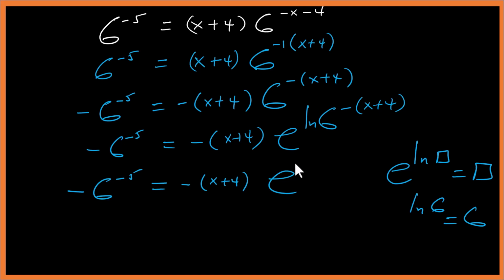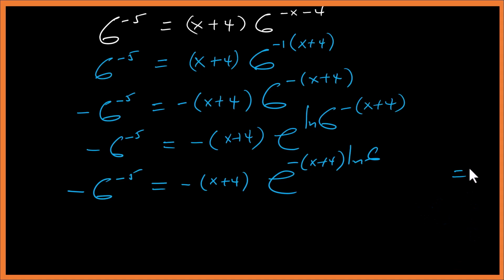So this side will be minus x plus 4 ln of 6. Good. Now we have the power here as minus x plus 4 ln of 6, but something is missing here.